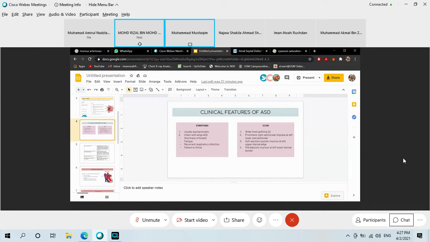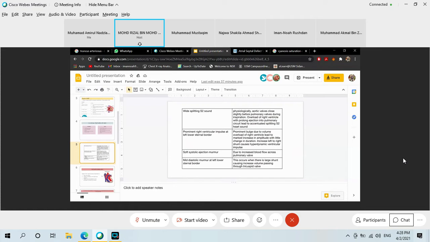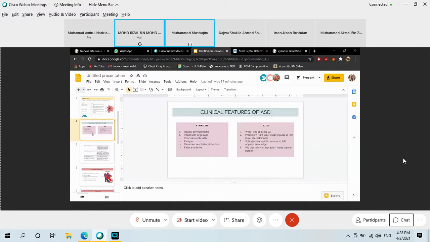Go to the next slide. Oh, this hasn't been discussed yet. Okay, previous slide back. This one later. Okay, all of these have nothing to do with the lack of oxygen. Okay, these are the heart failure symptoms. If the patient develops heart failure, which is rare in ASD, the patient can present with this.